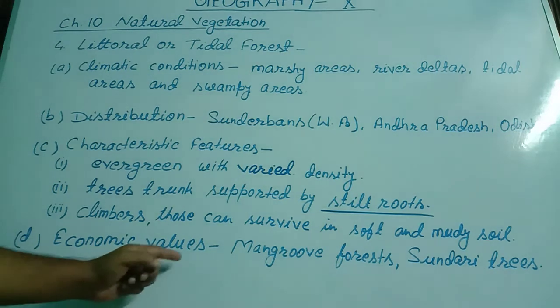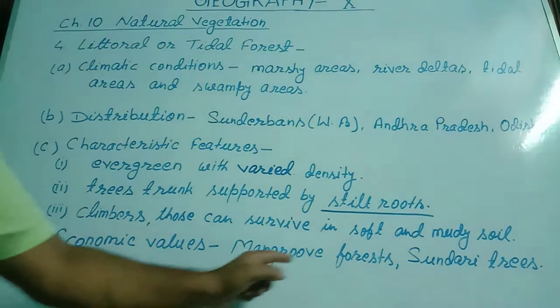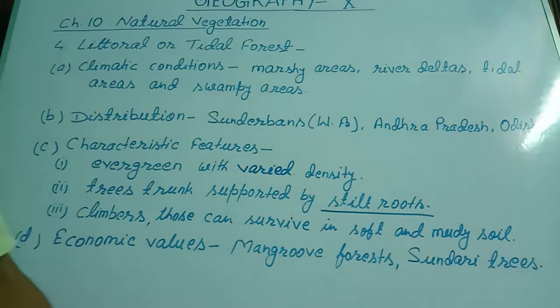Now, the economic values. Mangrove forests are found. The forests with the stilt roots are mangrove forests, and mangroves are used as fuel. Another important tree is Sundari, that is very famous in Sundarban deltas.